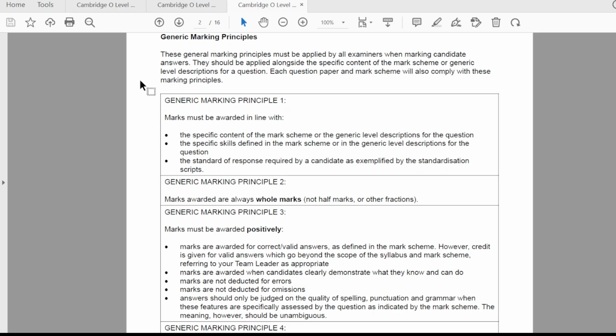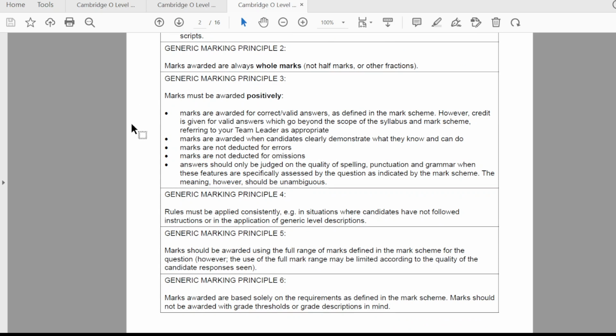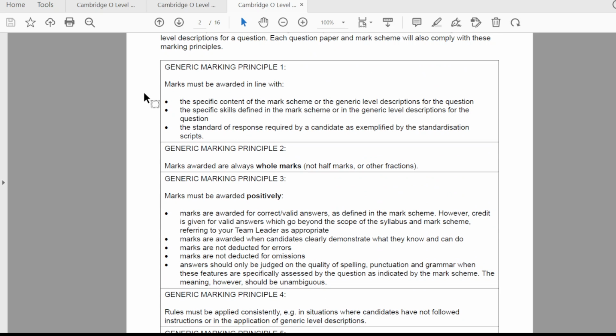Okay, so there are 6 general marking principles. Let's go over each one of these. The first one, right, how the marks are awarded. So they're awarded in line with the specific content of the marking scheme or the generic level descriptors for the questions.